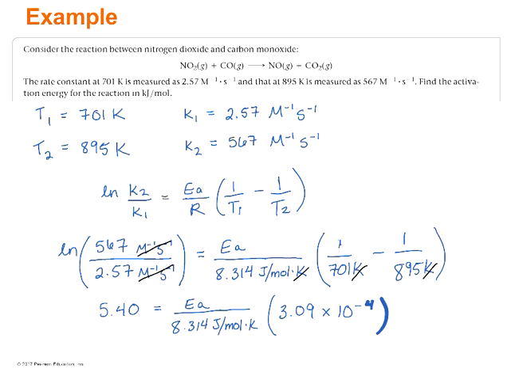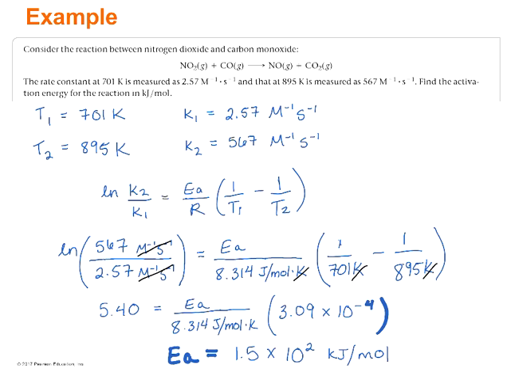Okay, so now if we calculate and rearrange to solve for EA, we should end up with a value of 1.5 times 10 to the second kilojoules per mole. So I encourage you to make sure that you get the same answer.